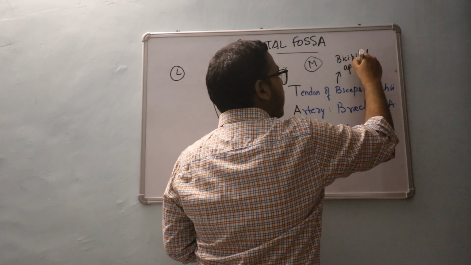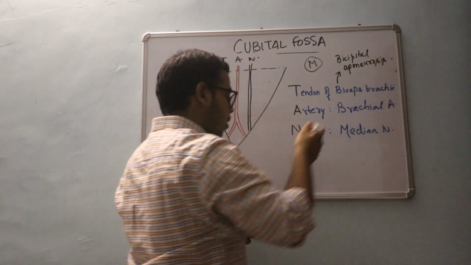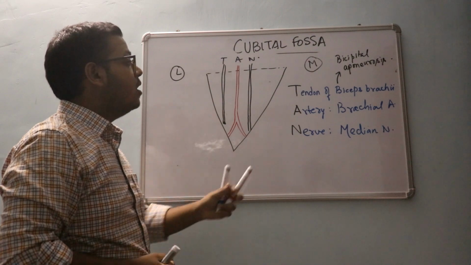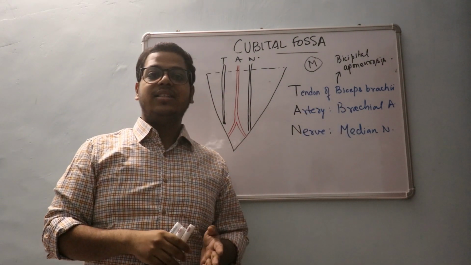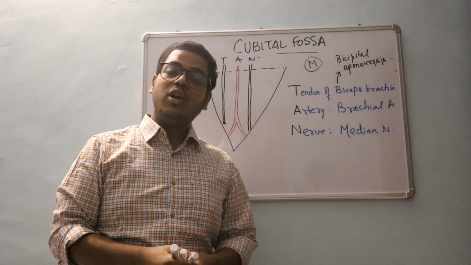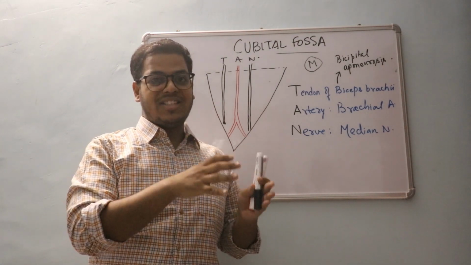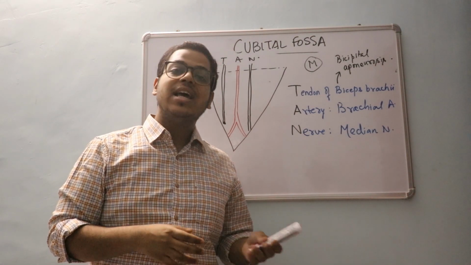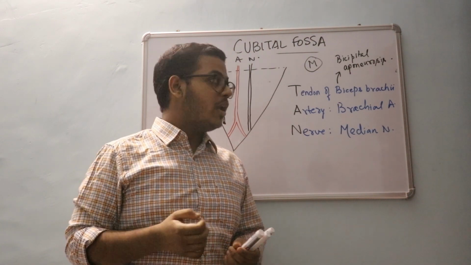Over this lies the median cubital vein, and I have already told you it gives the perforating veins which fix it to the bicipital aponeurosis, and that is why it is one of the very, very stable superficial veins.